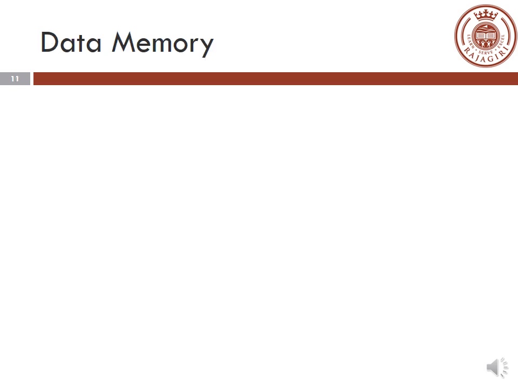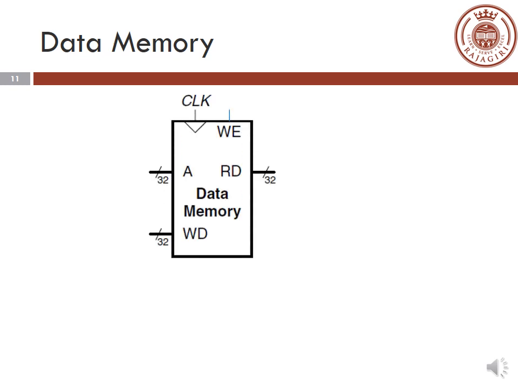Okay, so the last state element which is going to be discussed is your data memory. It's again a type of memory, but as the name suggests, it is going to store data. It has a single read or write port, so you have a reading option as well as a writing option.